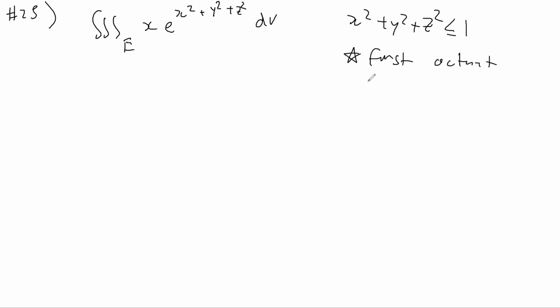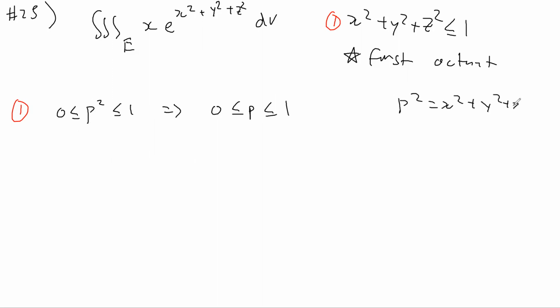Okay, so for number 25, we can say that rho is going to be between 0 and 1, based off this inequality right here. And that rho squared just comes from the fact that rho squared is equal to x squared plus y squared plus z squared.